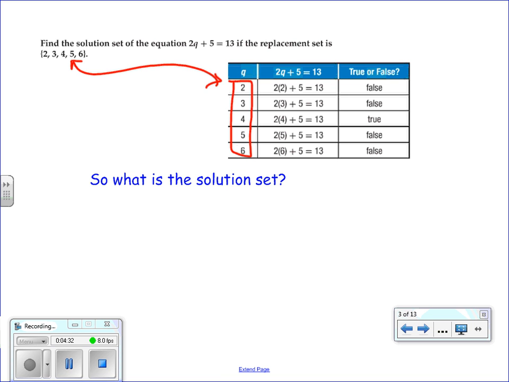Will 2 work? 2 times 2 is 4, plus 5 does not equal 13. Then you try 3. Does that work? No. Does 4 work? No. So what is the solution set going to be for this equation? That will be just one answer.